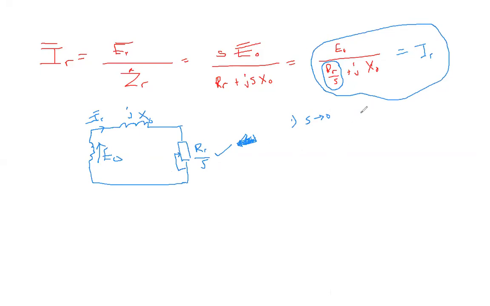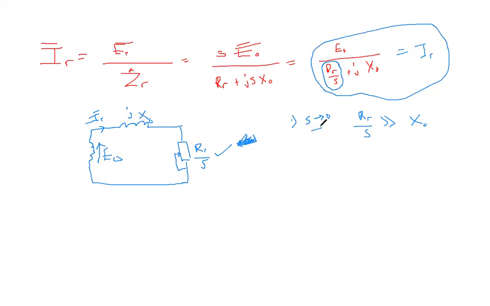R over S becomes very, very large. Comparing the reactances in the impedance, this becomes very big compared to this one, so it becomes much larger than X naught.